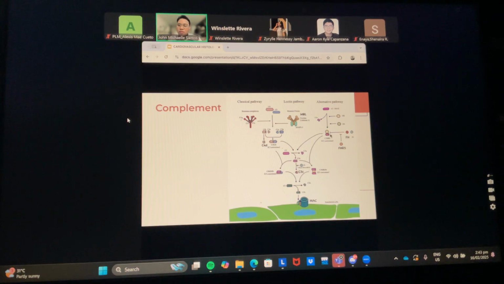Sa alternative pathway naman, ang C3 convertase natin dito ay si C3bBb. May capital B doon kasi ang nag-cleave sa kanya ay si factor B and factor D. Ang may main contribution diyan ay si factor B, kaya siya na-incorporate with your C3b. Okay? So ang C3 convertase mo sa alternative pathway ay C3b na maliit, malaki na B, and then maliit na b.